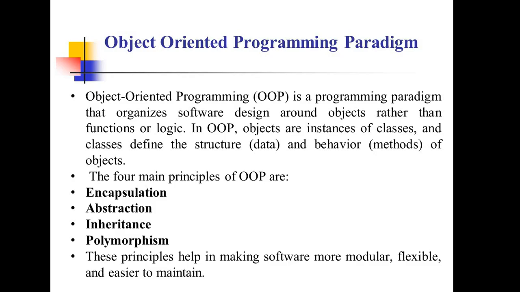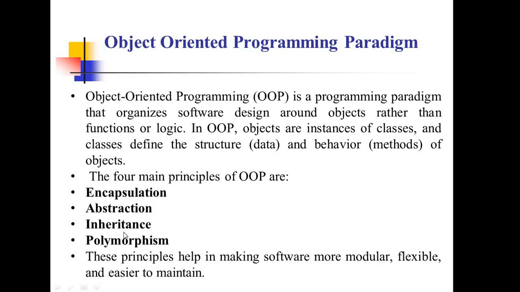What is encapsulation? Encapsulation helps in organizing the code, protecting the data, and ensuring that the internal working of the object are hidden from the outside. Next one is abstraction. Abstraction involves hiding the complex implementation details and showing only necessary features of an object. Next one is inheritance.